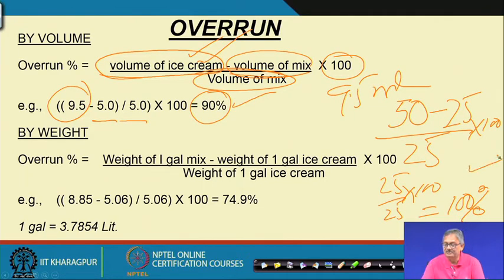Here we have shown it to be 100% by volume, right, because ice cream has more volume than the ice cream mix. The reason being, ice cream contains the mix, that is the solid and liquid, and air. So, volume is more. Ice cream mix does not have any air.